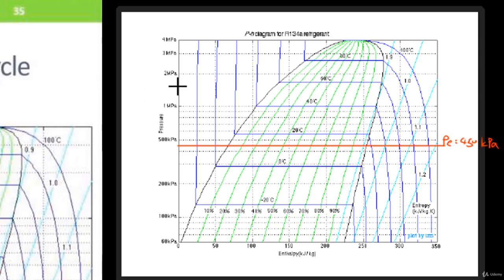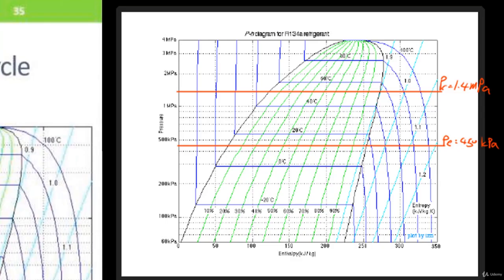Same thing, you have 1 megapascal over here, and the next line is 2 megapascal. So you will have to do your own estimation. It's slightly less than half. Draw a line all the way across. This will be your condensing pressure, which is 1.4 MPa.